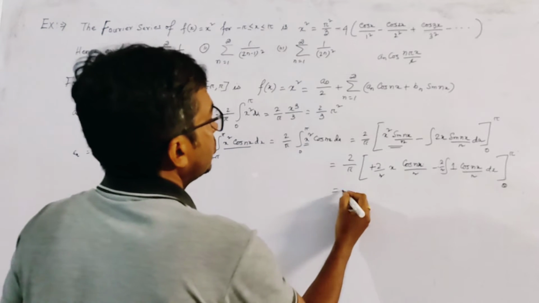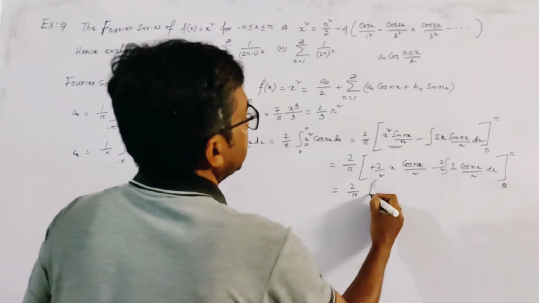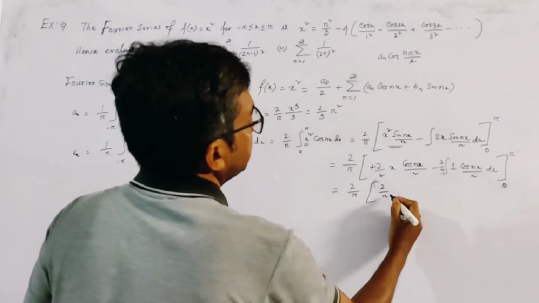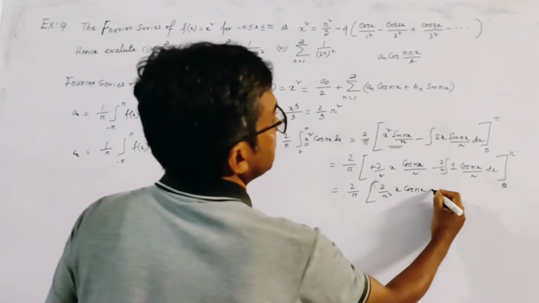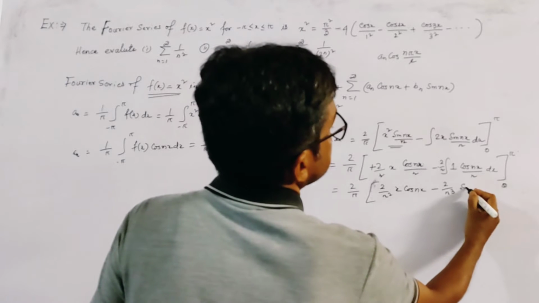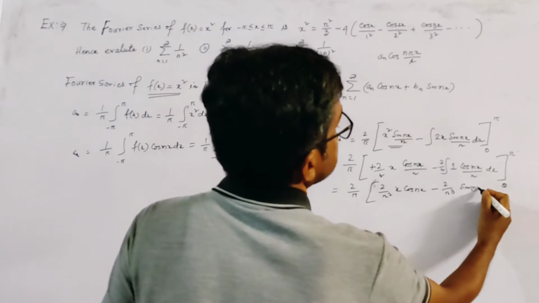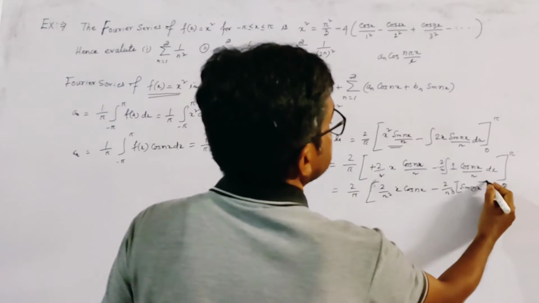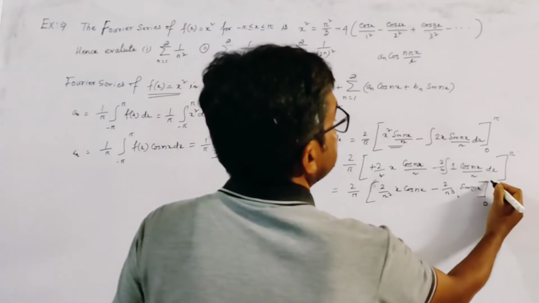Okay, so 2 by pi into 2 by n square into x cos nx minus 2 by n cube into sin nx, because the integration of cos nx is sin nx, and we write the range outside the integration.